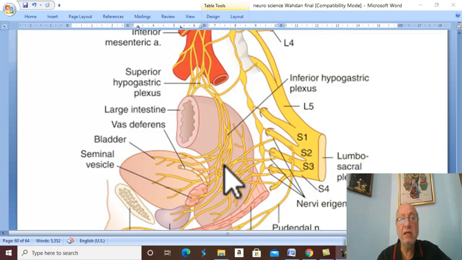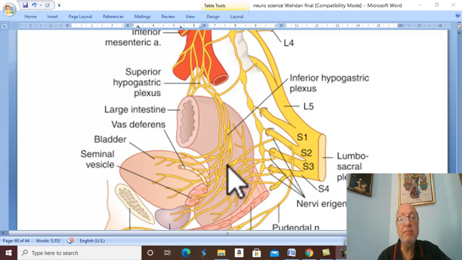Sympathetic supply comes from above through the right and left hypogastric nerves, which are actually descending fibers from lumbar splanchnic nerves, plus additional fibers from S1 and 2 sympathetic ganglia.